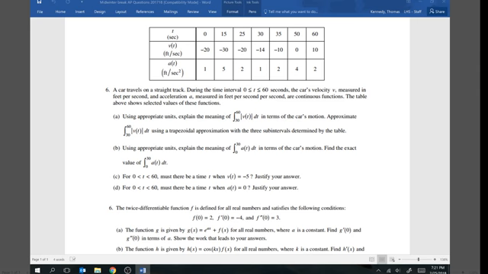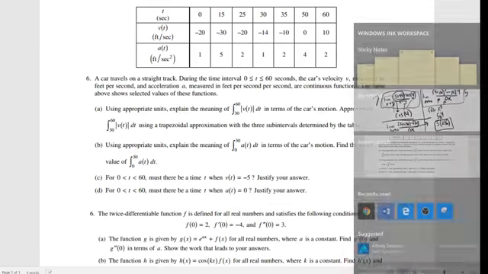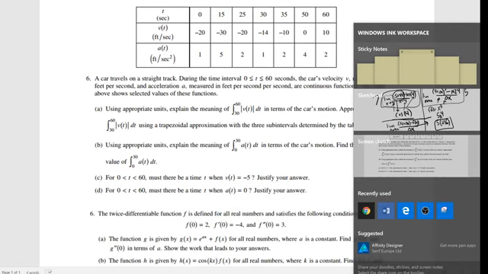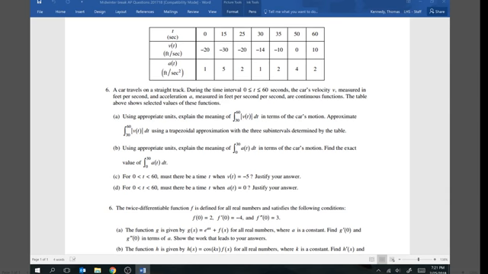Okay, so using appropriate units, explain the meaning of the absolute value of velocity. Funny enough, I feel like we just did this, because this was the exact thing we did for part D in question 3, to find the average speed.